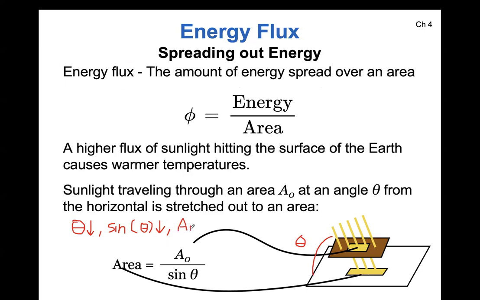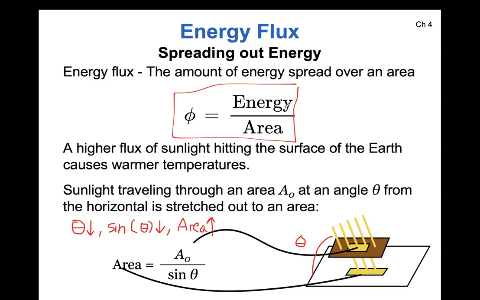And that's what we want. The reason we want the area to be increasing is because of the last step, a good demonstration of how these ideas all tie together. If the area increases, look up here at the formula. If the area goes up, the energy is a fixed value. The energy is the energy coming from the sun.